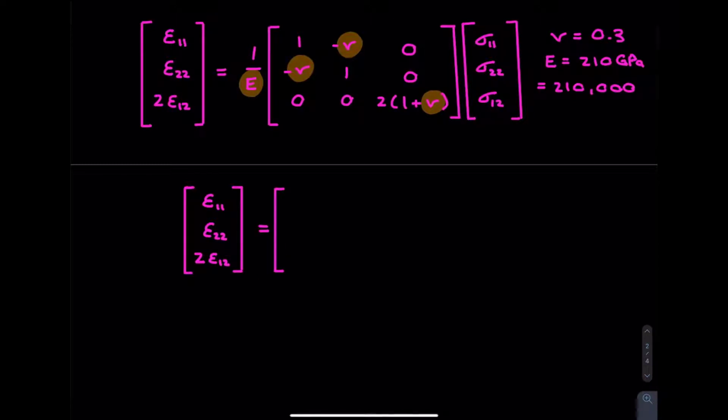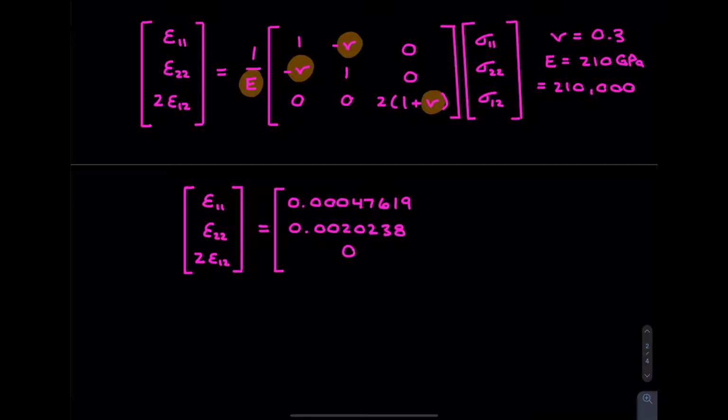For epsilon 11, I get 0.000, so 3 zeros to start, and then 476.19. For epsilon 22, I get something a little bit bigger. I get 0.00, so only 2 zeros instead of the 3, and I get 238. And then finally for epsilon 12, my shear strain, I actually get that is equal to 0.